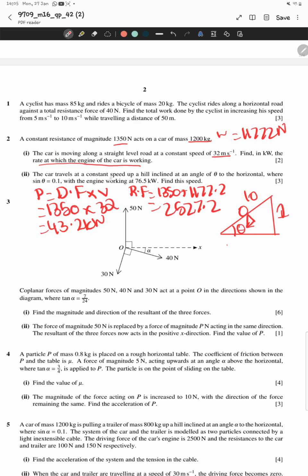And it's a constant speed, which means the backward force must be equal to the forward force. So power equals driving force into velocity.